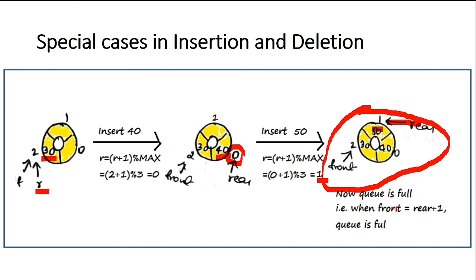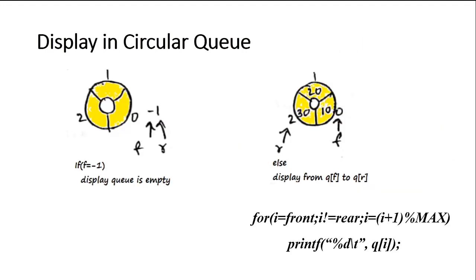Now when Q is full, that is when front is equal to rear plus 1, in that case also we have to conclude that Q is full. So this is a special case in the circular queue.